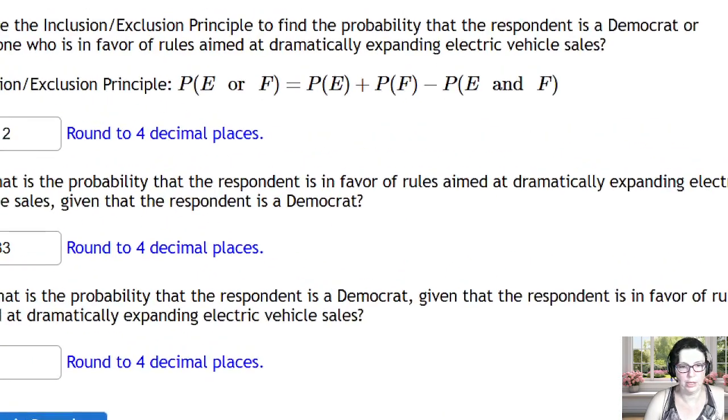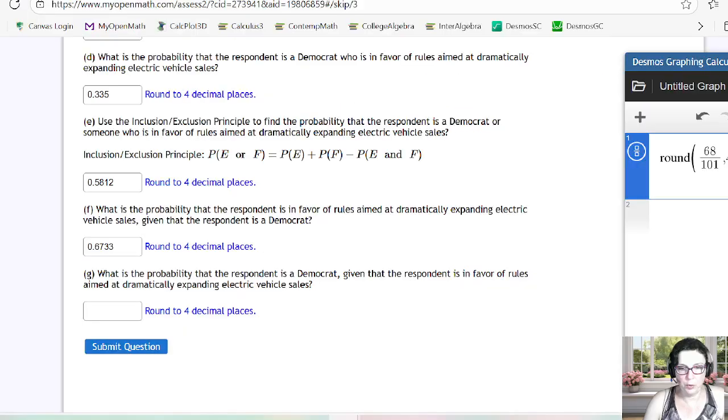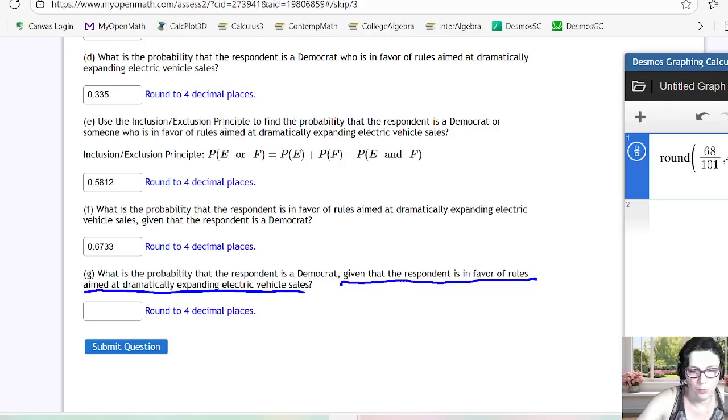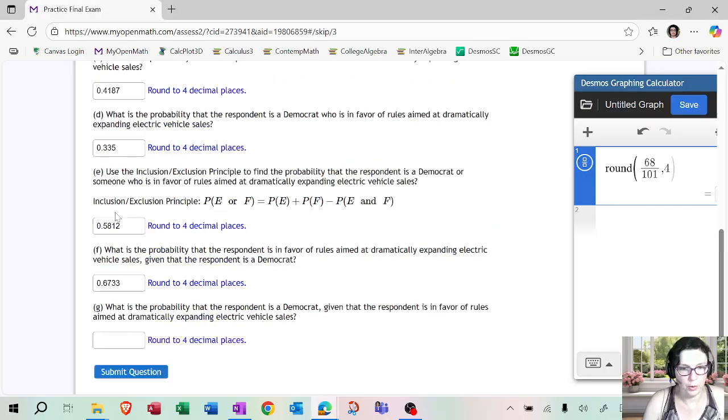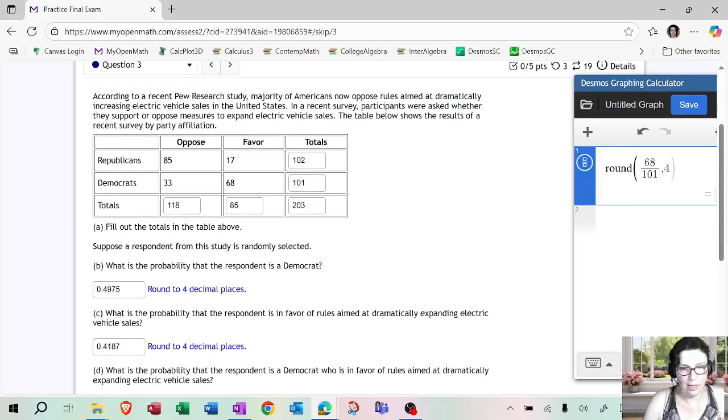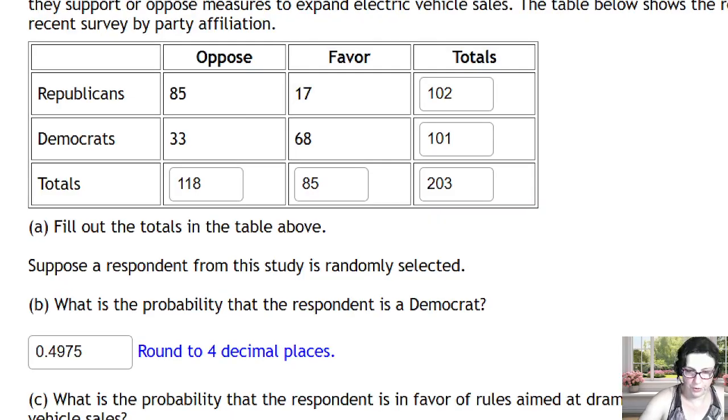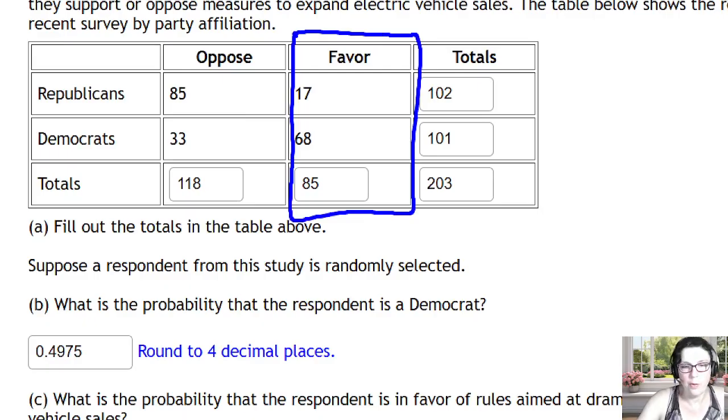Now, how is that different from the next question? The next question says, what's the chance that the respondent is a Democrat given that the respondent is in favor? Again, this is conditional, but now the condition is that the respondent is in favor. So you look in your table and find the condition. What is in favor? That would be everybody here. How many of those people are Democrats?